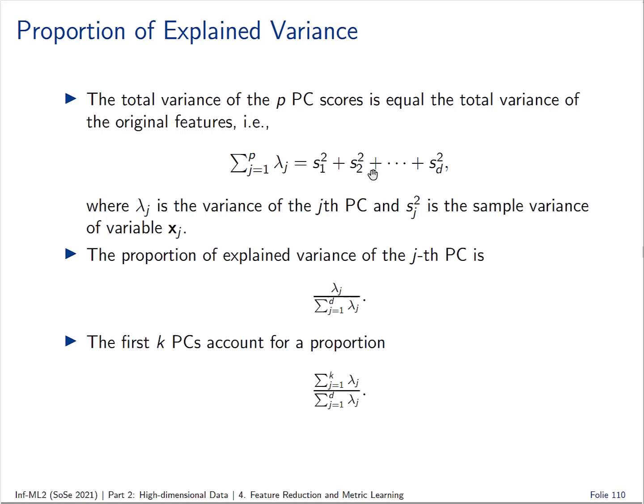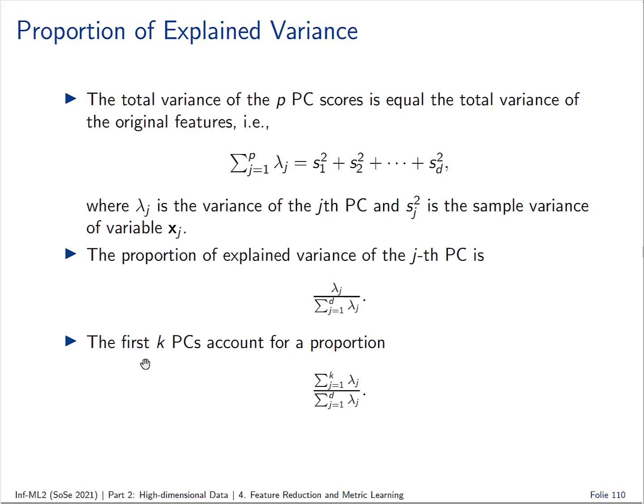And the standard deviation squared is the variance. So the sum of all the eigenvalues gives you the total sum of the variance. So the proportion of explained variance of one specific principal component, the jth, is the corresponding eigenvalue divided by the total sum that we have here.